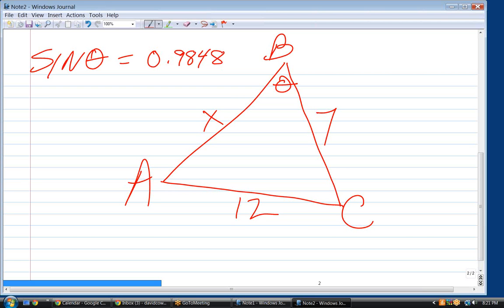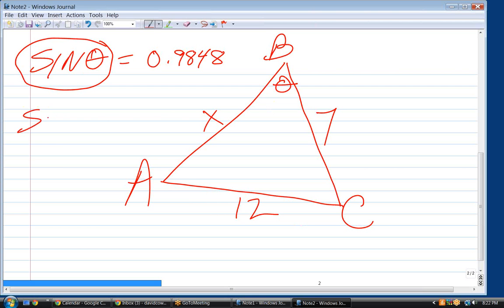Okay, we can actually solve this using the law of sines, so let's do it. What's the law of sines going to be? In other words, to use the law of sines, you need this angle, and you need the opposite side of theta, which in this case is 12.